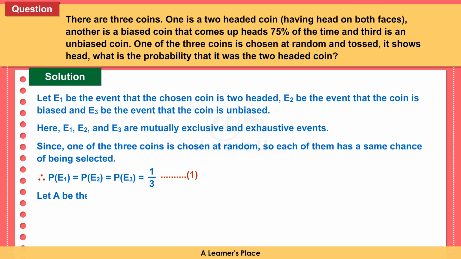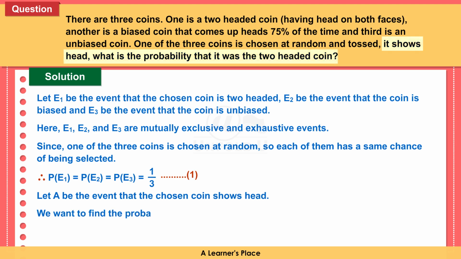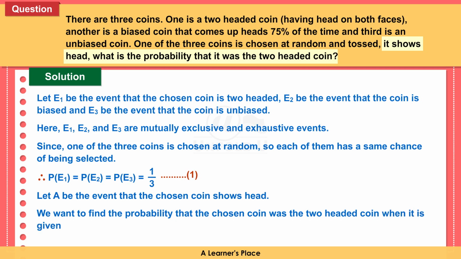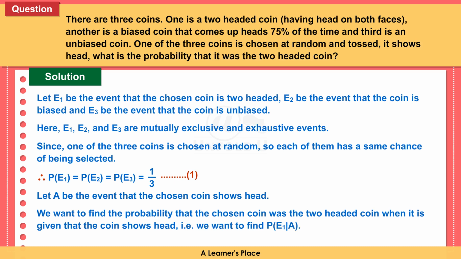Let A be the event that the chosen coin shows head. We want to find the probability that the chosen coin was the two-headed coin when it is given that the coin shows head. That is, we want to find the probability of E1 given A.